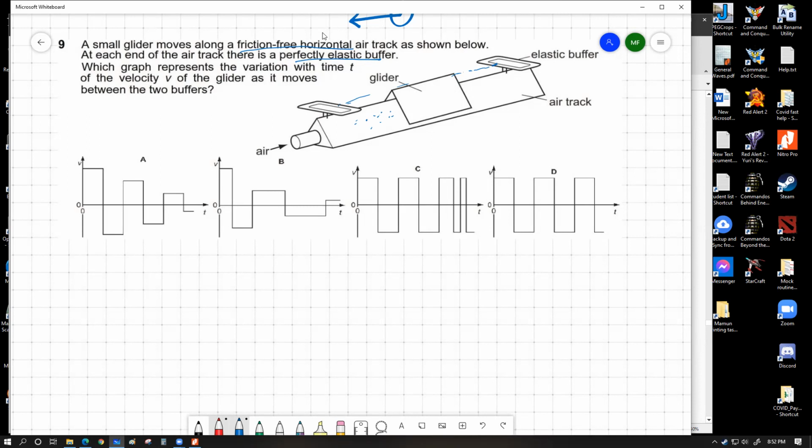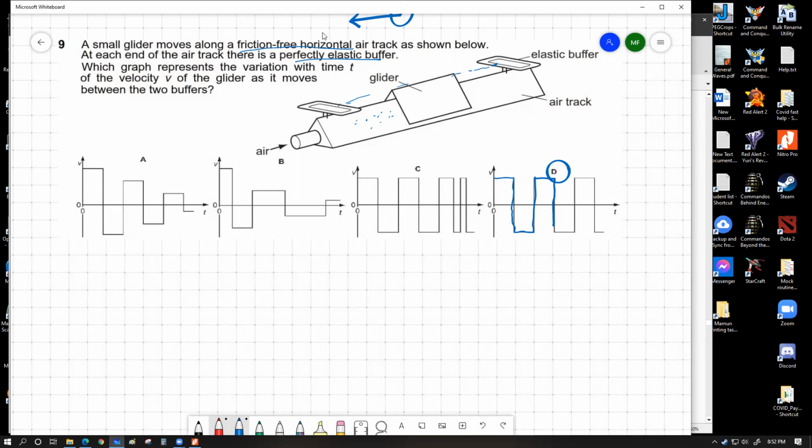So a significant duration of the motion is uniform velocity going back and forth, and a very small duration is velocity change, when the glider collides with the elastic buffers. So the correct response is D, which shows all of these properties. Uniform velocity is the part where it's traveling over the air track. This is the part where it collides with one of the elastic buffers, travels backwards, collides with the other elastic buffer, goes forward, collides again, and that's how it goes.